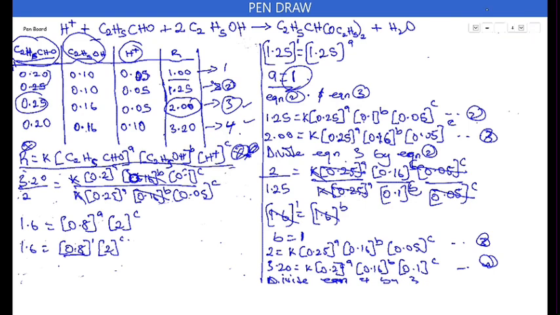I just divide all through by 0.8, so this cancels out this. So I'm going to have 1.6 divided by 0.8, which gives me 2. So we have 2 equals 2 raised to power c. Don't forget that this is actually raised to power 1. So 2 cancels out 2, and c equals what?